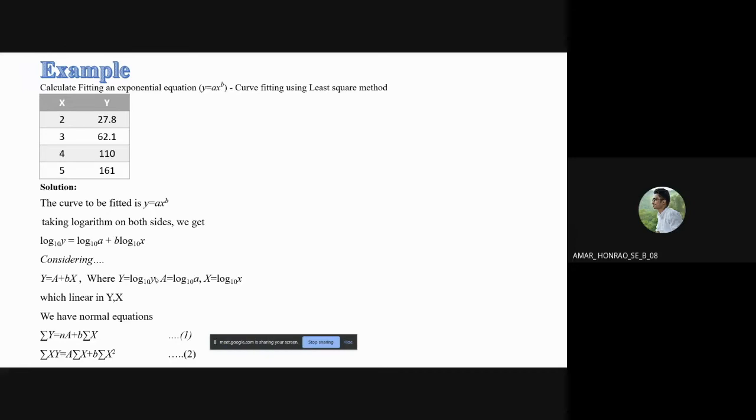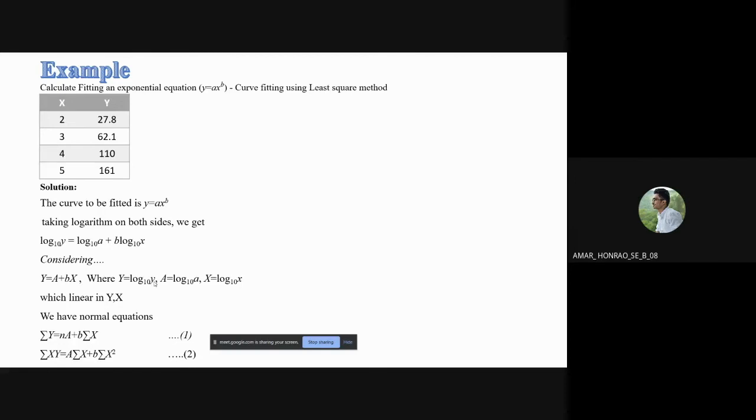My name is Amar Hunda. We will now solve an example on fitting an exponential curve. The exponential curve y equals a into x raised to b, curve fitting using the least square method. x equals 2, 3, 4, 5 and y equals 27.8, 62.1, 110 and 161.